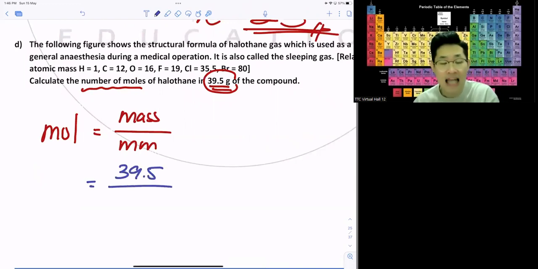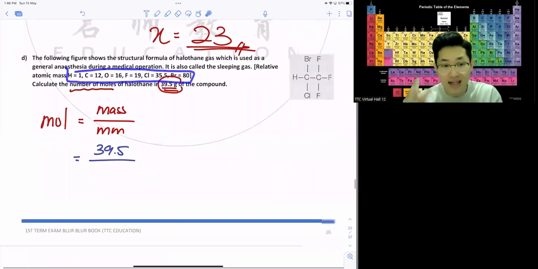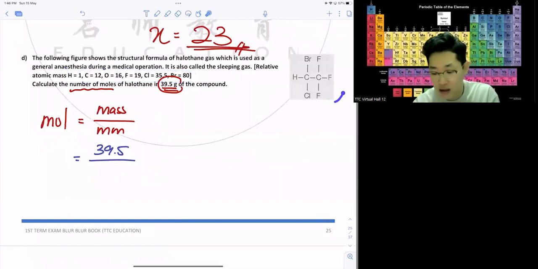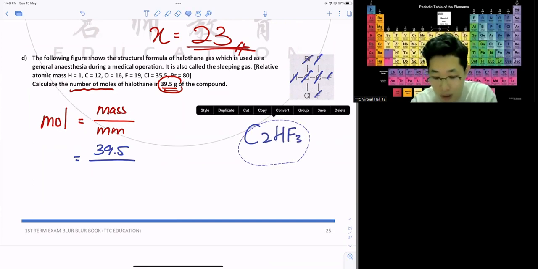Divide by molar mass. Where can we find molar mass? Molar mass is actually the relative mass. We just have to add them up together ourselves. So what is the formula? We count the alphabet ourselves. 1C, 2C, 1H, 3F, Br, 1Cl.